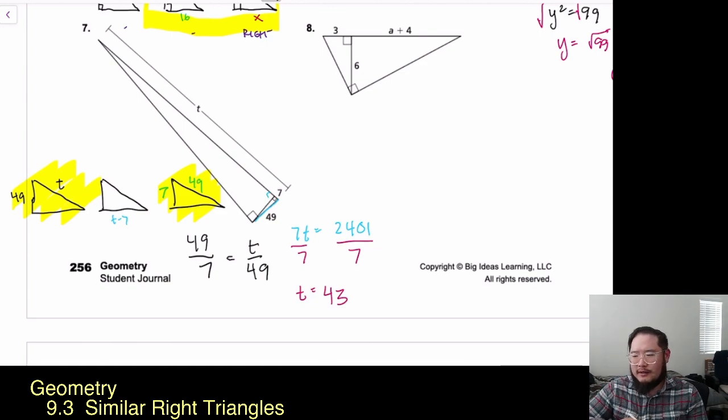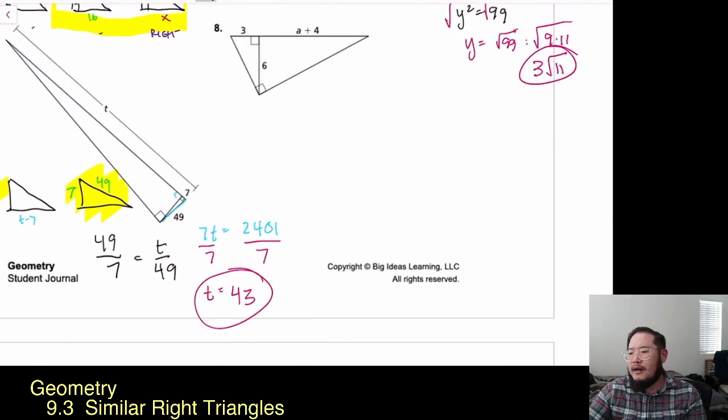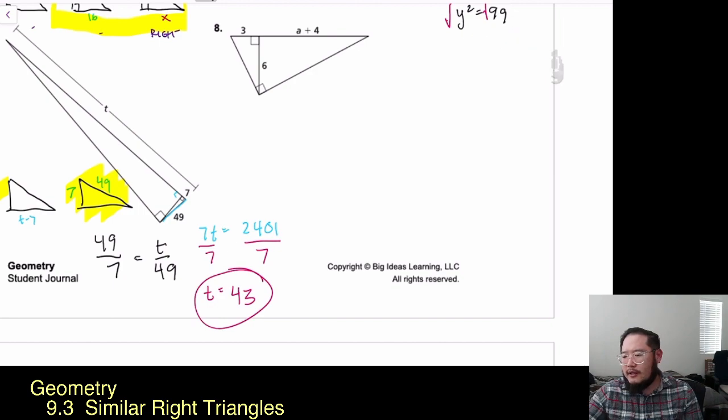Just like that. All right, one last example right here. Let's go ahead and erase some of the stuff there. And okay, so let's take a look. I've got, once again, big triangle, triangle to the left, triangle to the right.